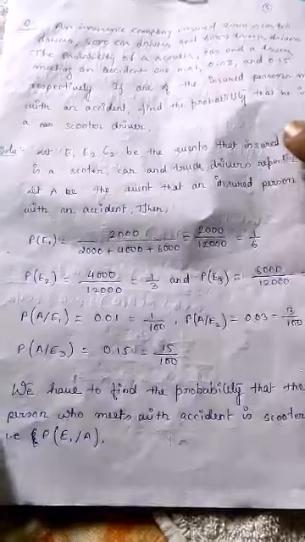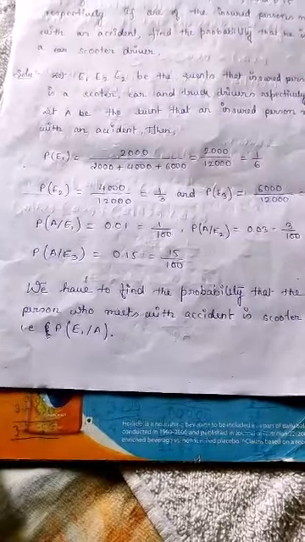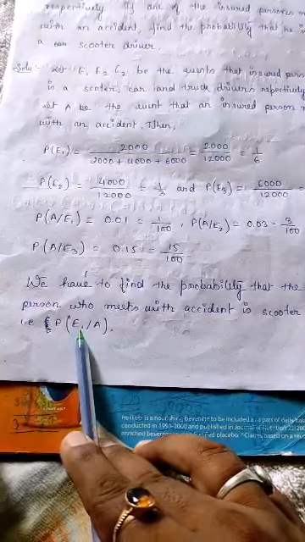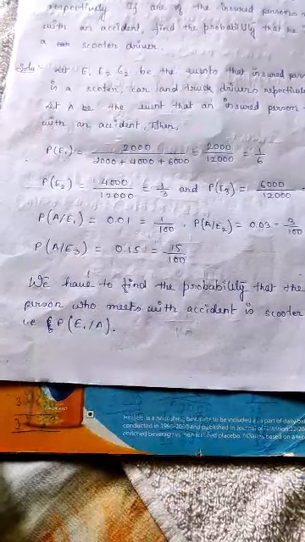So we got P(A/E1), P(A/E2), P(A/E3). These 3 things we got. So now just by using the formula, we have to find the probability that the person is a scooter driver given that he met with an accident. So P(E1/A) we have to find.